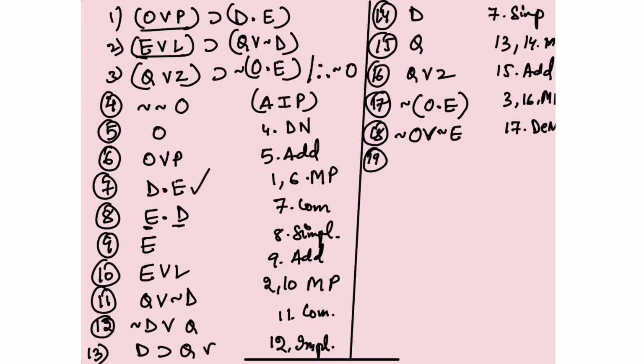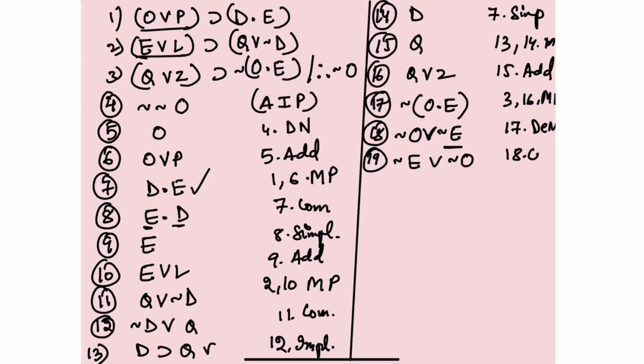You did De Morgan, wedge has come to you, and then you already have E.